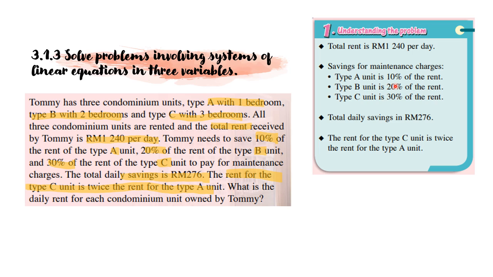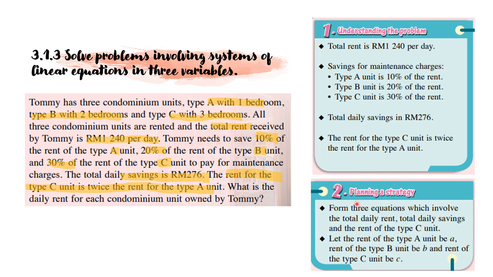You already understand the problem. So plan the strategy. As I already told you, you have to form 3 equations, which involve the total daily rent, total daily saving, and lastly the rent for type C unit. There are 3 equations from this situation.